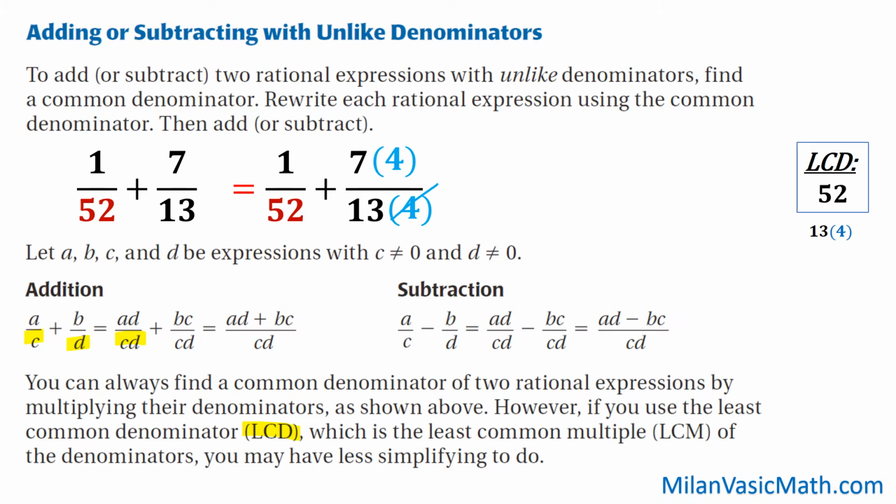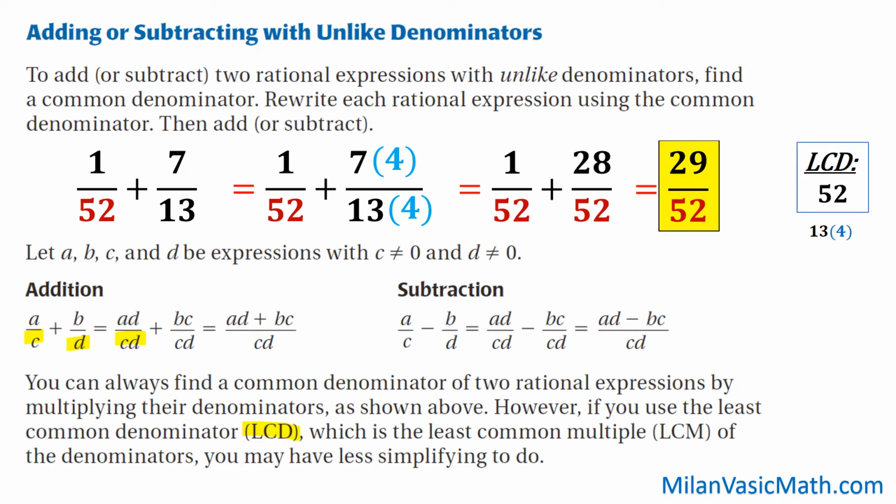So what I'm doing doesn't change the number. I'm really just multiplying it by 1. All right, so we get 1 over 52 plus 28 over 52. We have the same denominator, so we can just add the numerators. And 29 over 52 is our final answer. 29 is prime, so we can't simplify this anymore.